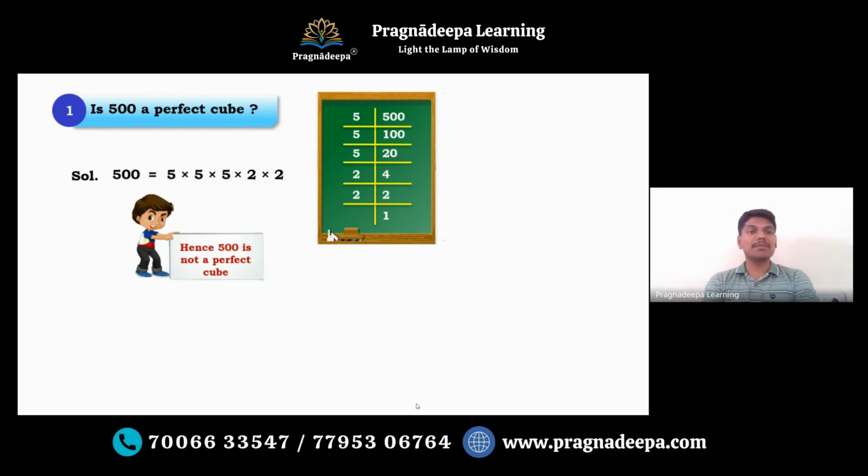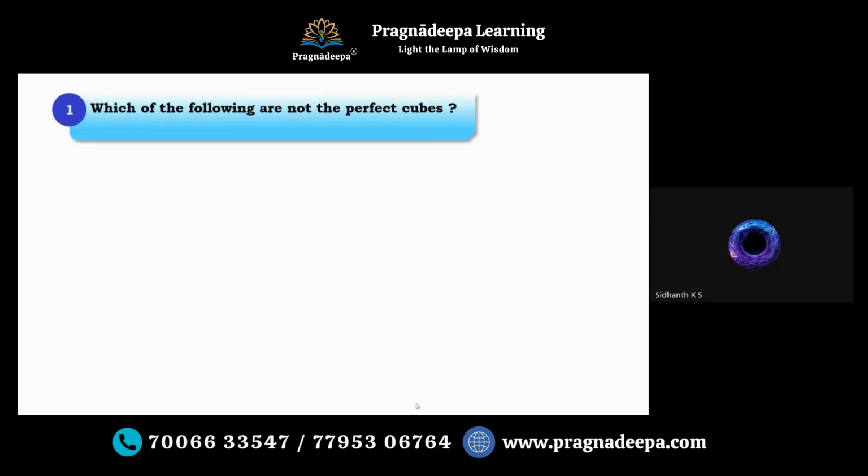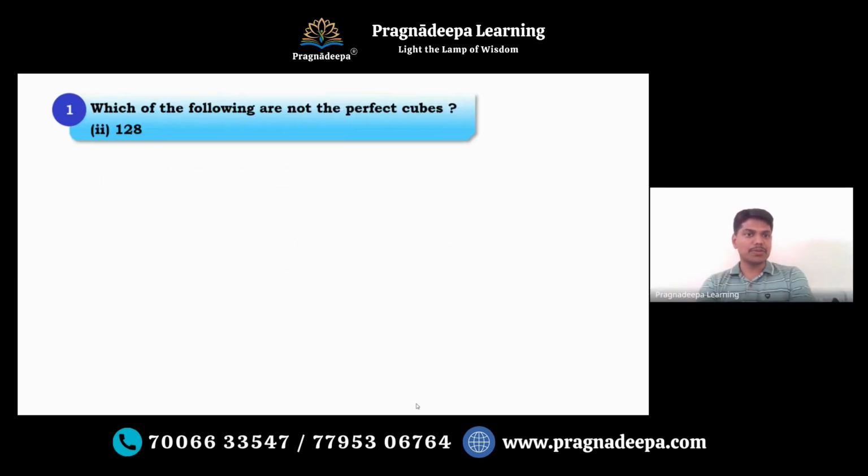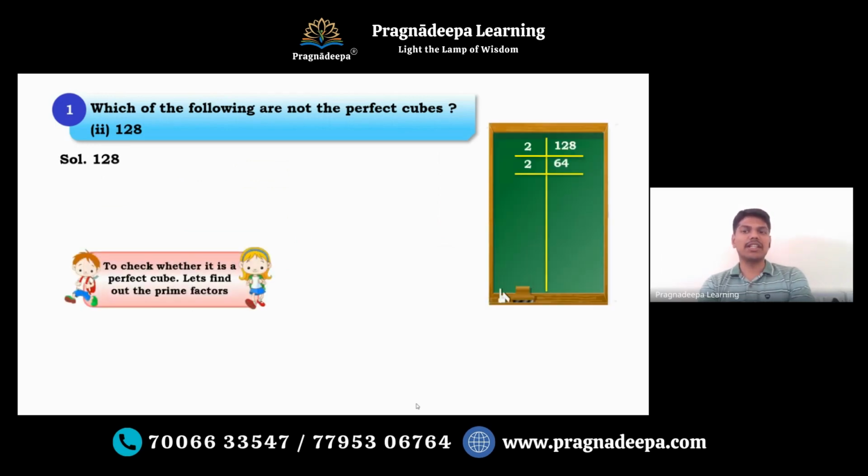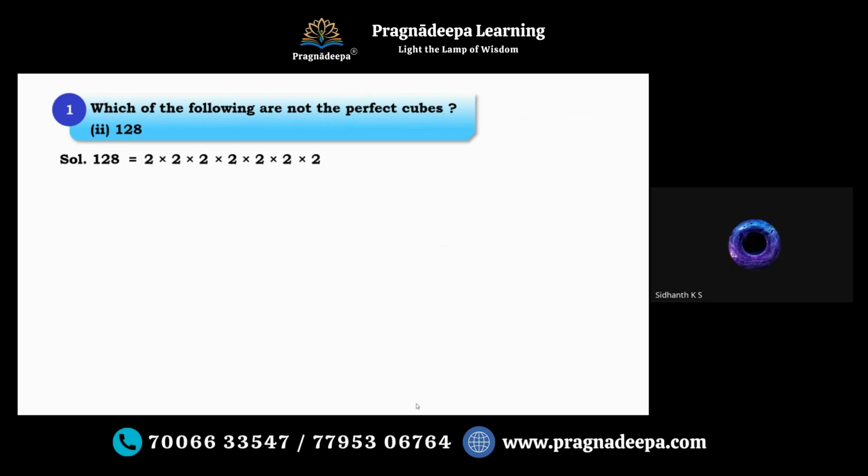To check whether a number is a perfect cube or not, go for the prime factorization. Is the idea clear? Yes, sir. Which of the following are not perfect cubes? Again, I have taken 128. How will you check? You find the prime factorization of 128. Start grouping it, 3, 3.